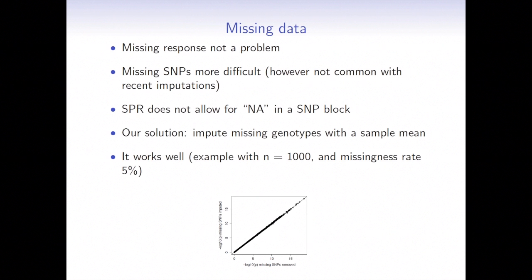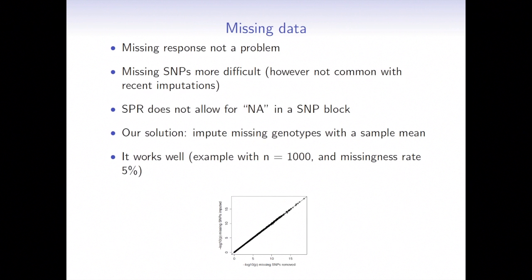So our solution was to impute the missing genotypes with just the average of the available genotypes. And we did a small simulation experiment: for a reasonable sample size for GWAS, around 1,000 individuals, and a missingness rate of 5%, it works very well. Here we see our p-values, and they are almost exact. And above that missingness rate, the SNPs are deleted from the analysis anyway.